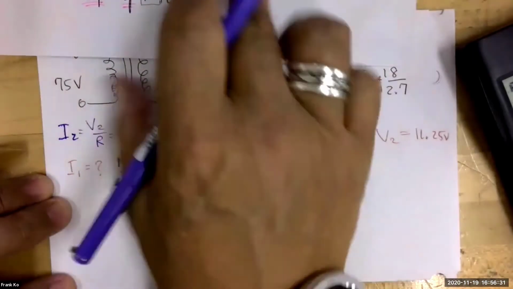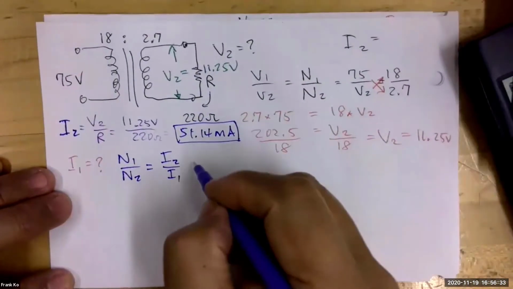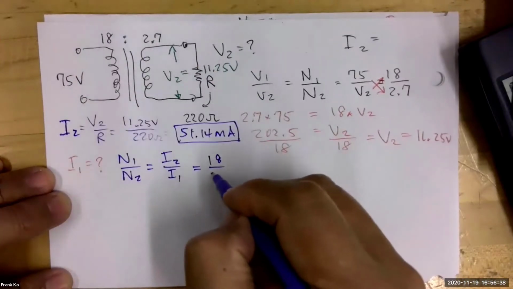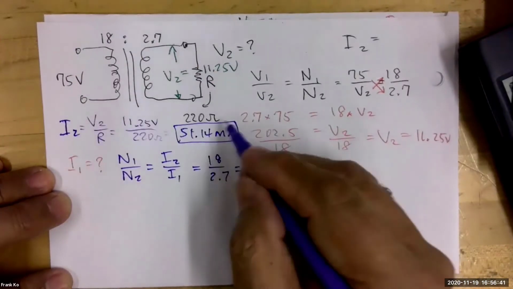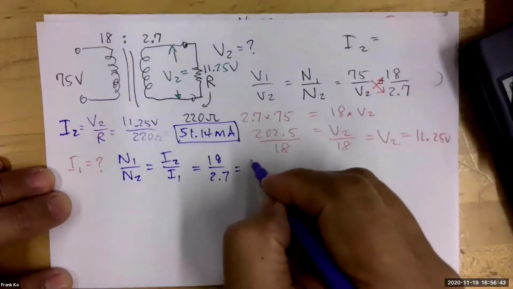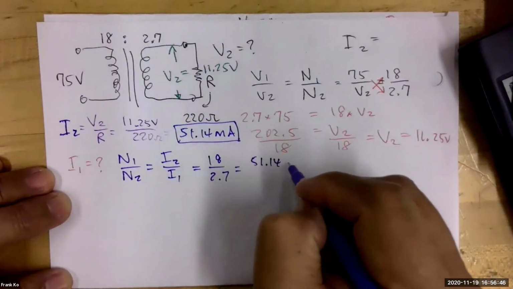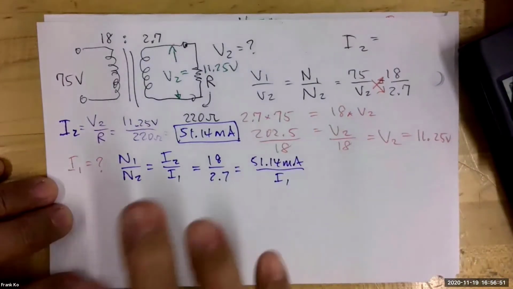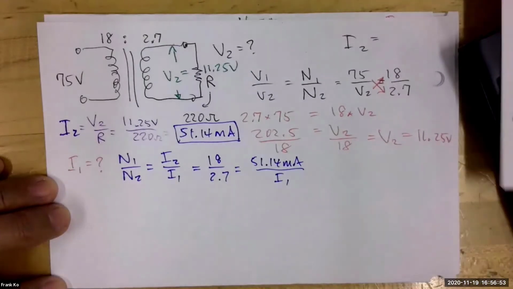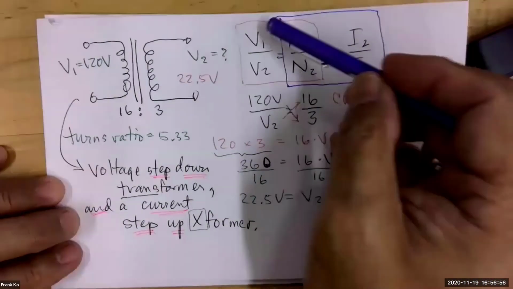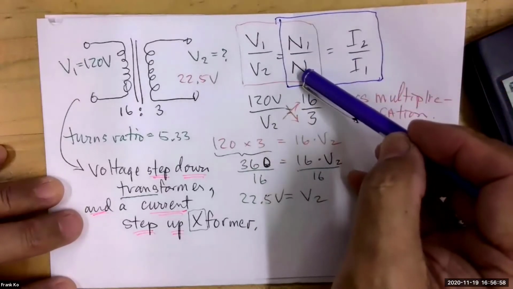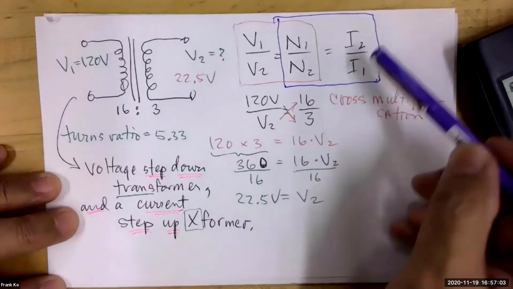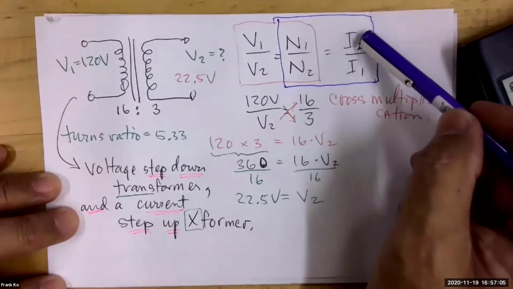If I go to fill in the blanks, I know that N1 was given as 18, N2 was given as 2.7, I2 we just calculated as 51.14 milliamps, and I1 we're looking for. So what you got to remember in this set of ratios, V1 over V2 and N1 over N2, but how is current stacked? I2 over I1. It's not I1 over I2, it's I2 over I1.